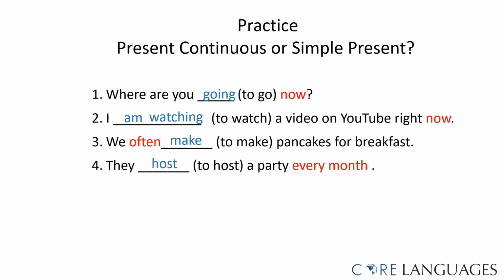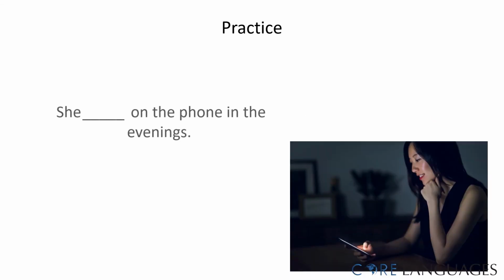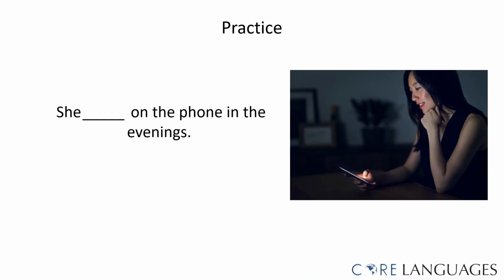The first two sentences are in the present continuous, and the second two sentences are in the simple present. How about this sentence? Try to identify a signal word that would indicate whether this is an action that is happening right now or over and over.